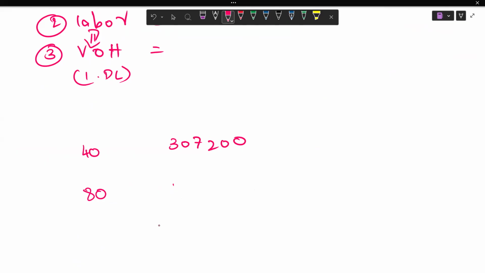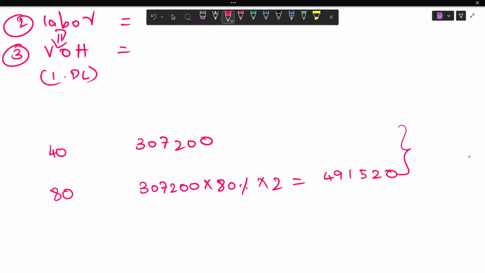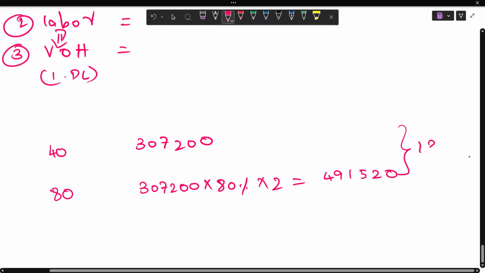It's nothing but 307,200 into 80 percent into 2, and you will get 491,520. What's the difference between these two? I need the labor cost for the next 40 units. That's the important thing. The difference is 184,320. That's it.